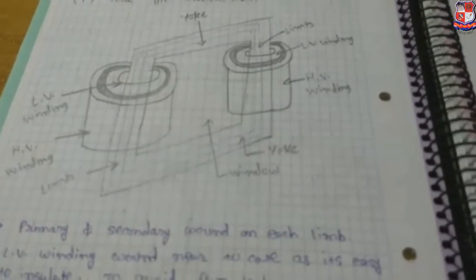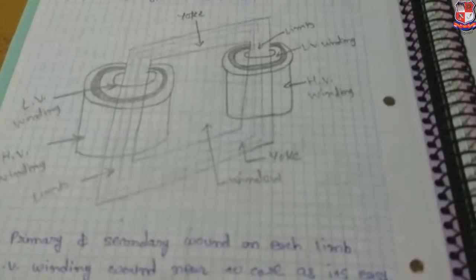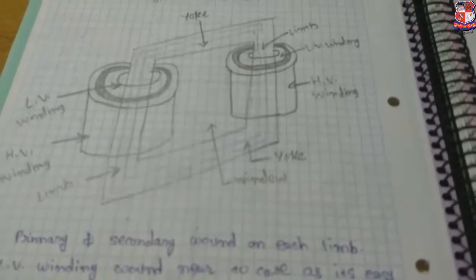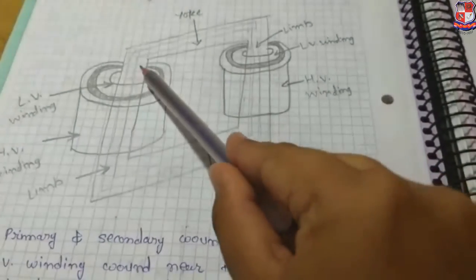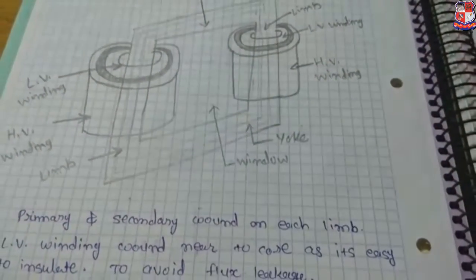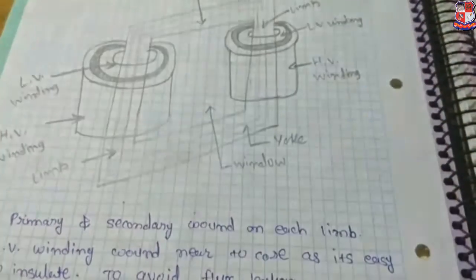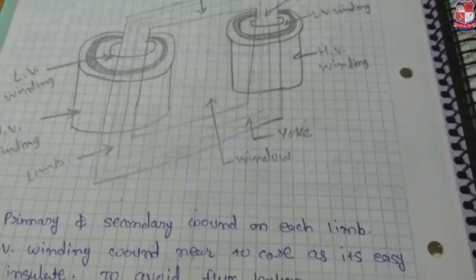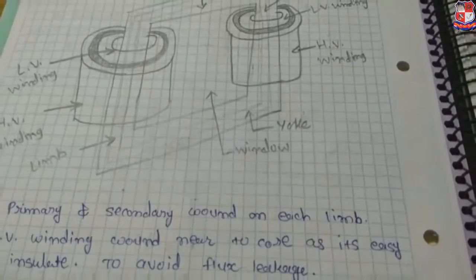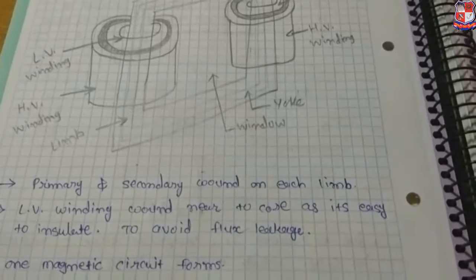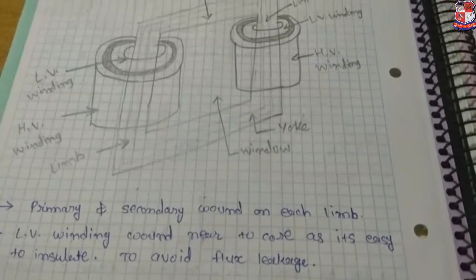But the LV winding is wound nearer to the core. Why? Because if we wound the HV winding nearer to the core, then we need to provide better or higher insulation to this winding and the core also.